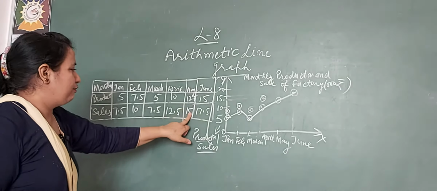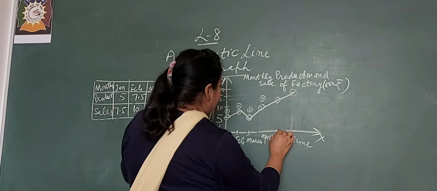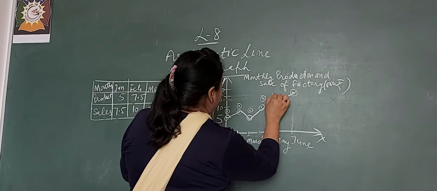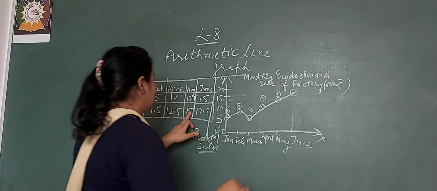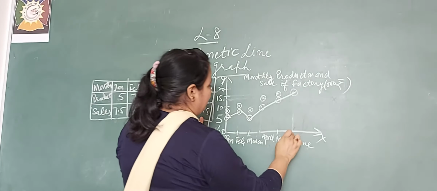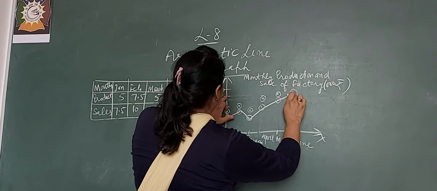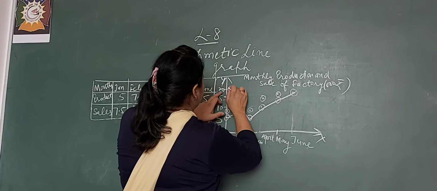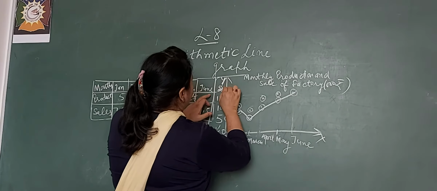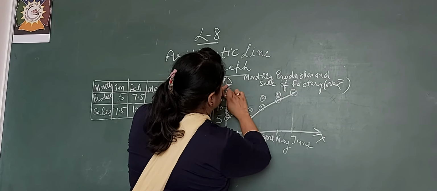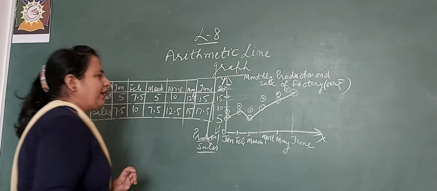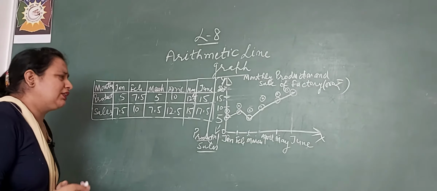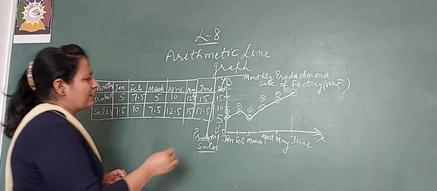Next 15 I will take in May. Next June, this is 17.5. This lies between 15 and 20. So I will join it by a dotted line or other line or broken line, whichever I want to take.